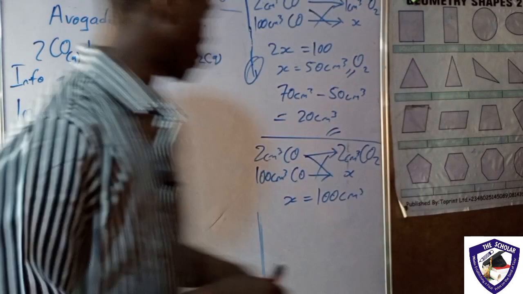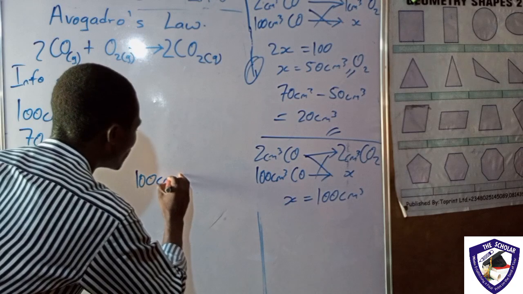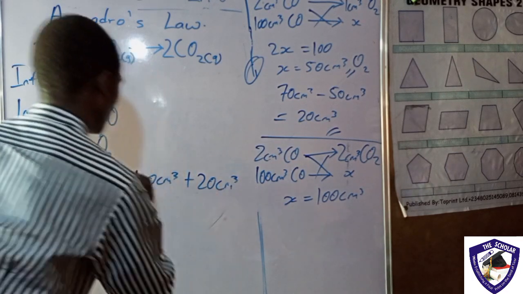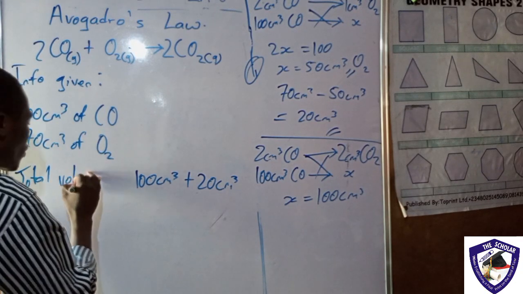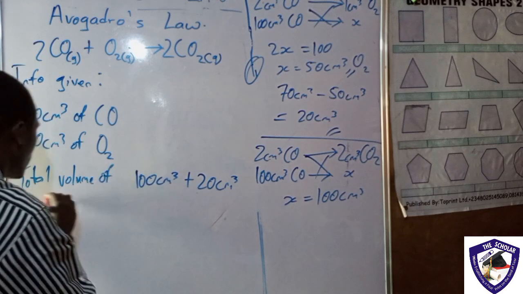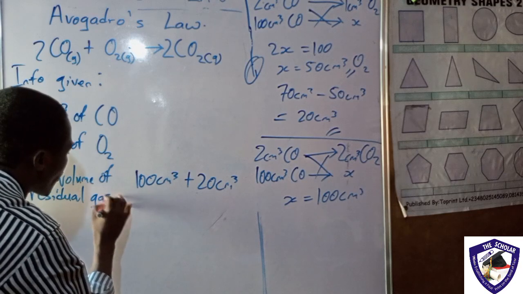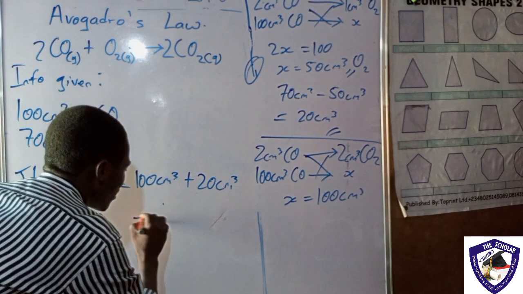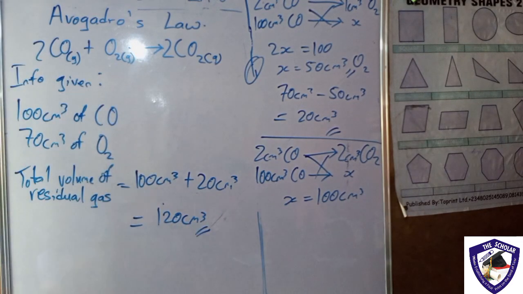So now the total volume of the residual gas is what? 100 centimeter cube plus 20 centimeter cube, and that is equal to 120 centimeter cube. That's that about Avogadro's.